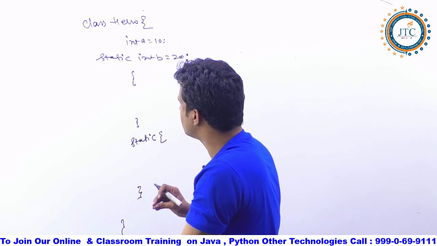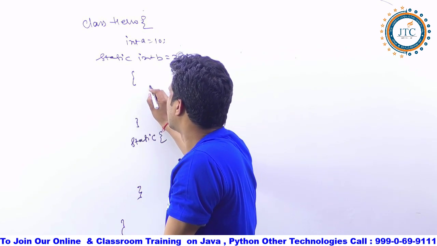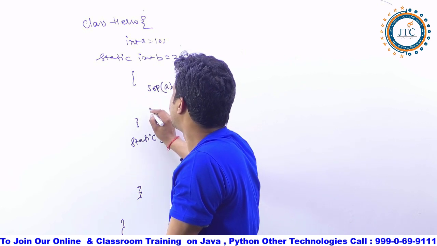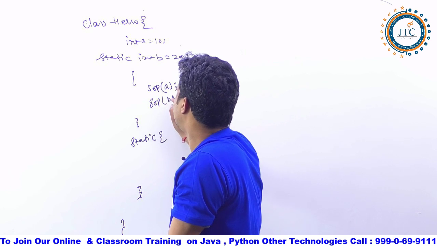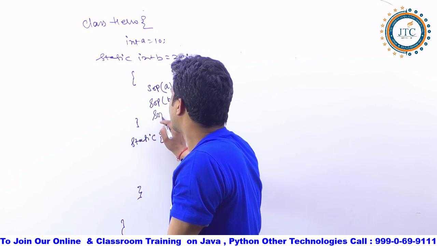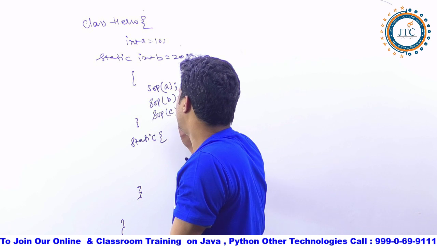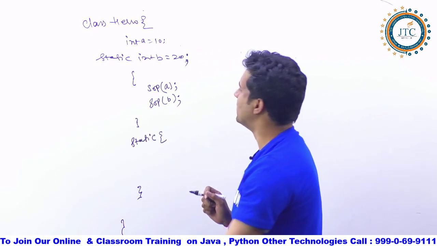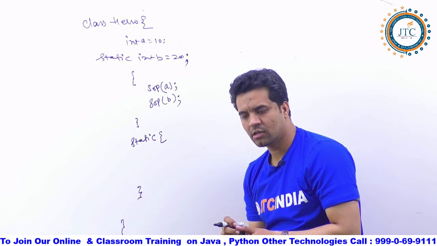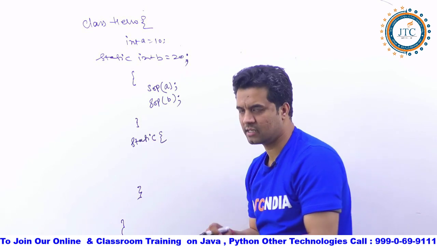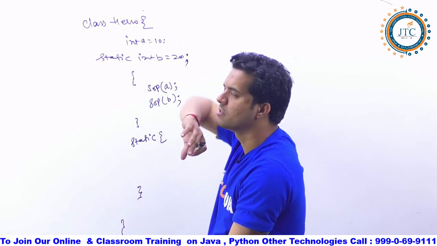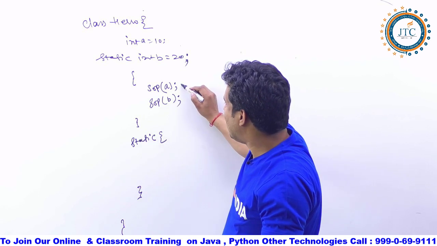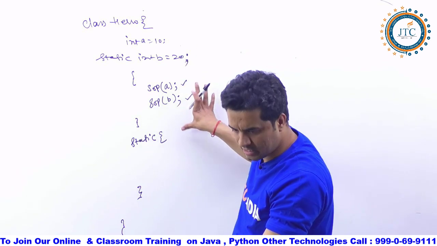If I write SOP of A, SOP of B, sorry, A and B I have written inside this instance block, which means what I'm trying to do inside this is access A and B.